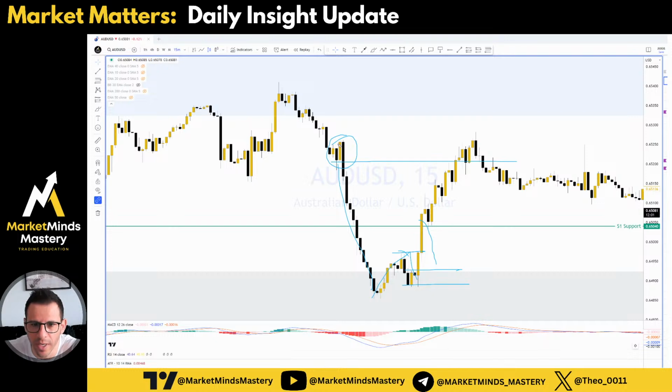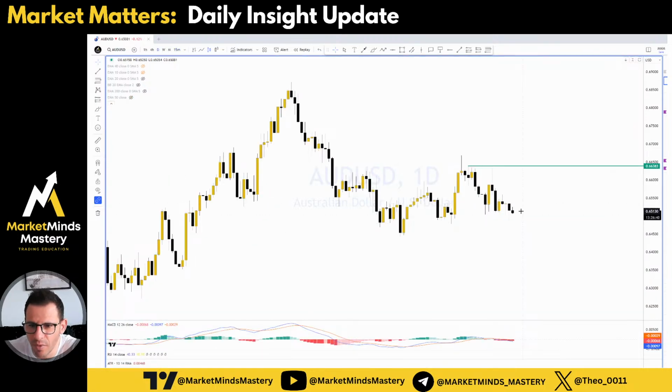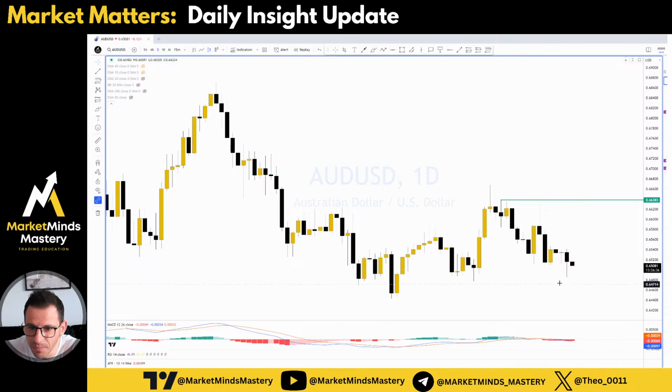It went all the way to grab the liquidity from these highs above this bearish engulfing order block, and then it declined and moved lower. So price is still hovering around this area. Now it came above this support. For a higher time frame on the daily chart, this is what we see.